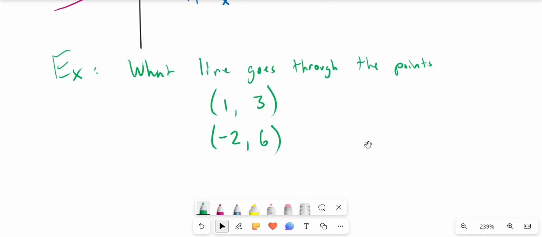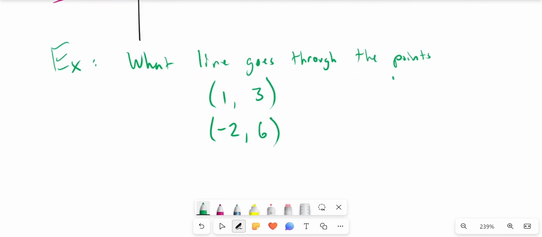We could graph that to just try to get a little handle on what we're looking at here, right? Here I am at 1, here's minus 2, here's 1, 2, 3, and 4, 5, 6. So I'm at 1, 3, or I'm at minus 2, 6. A little bit more on target there. Okay. And now the question is, what is the line that goes through these 2 points?